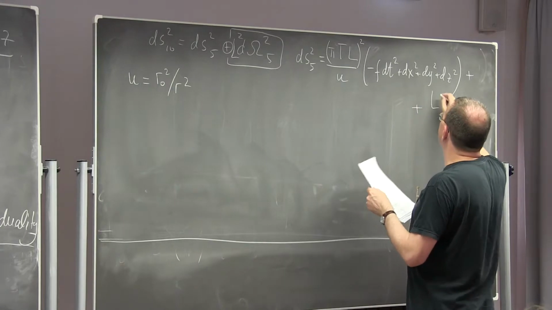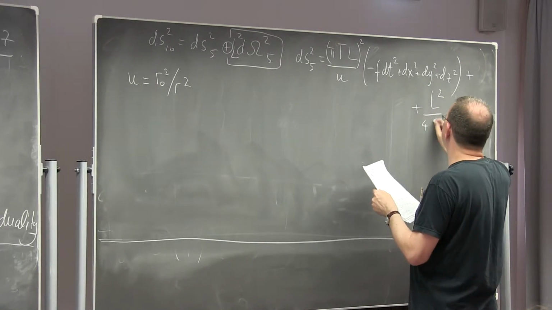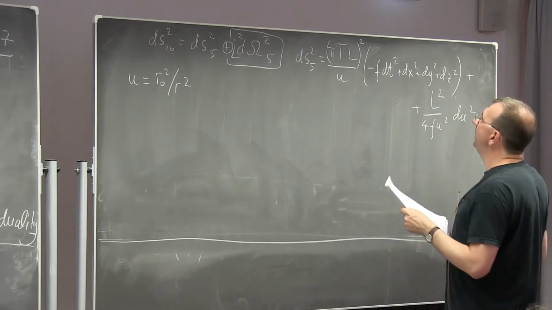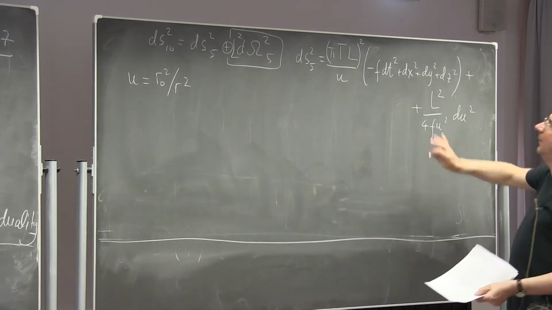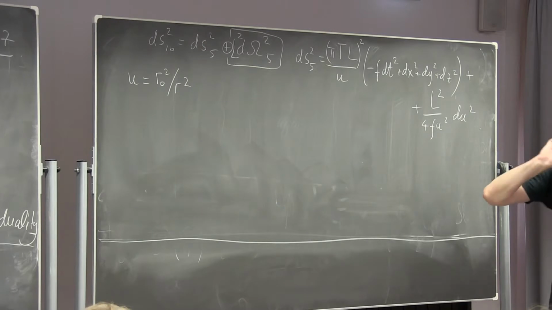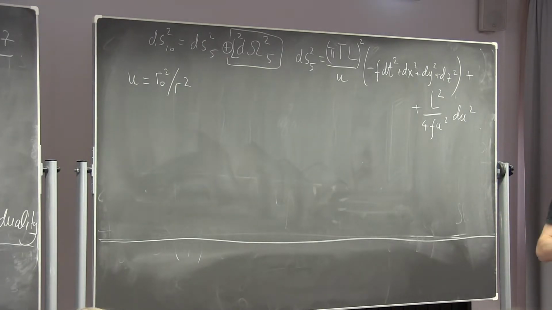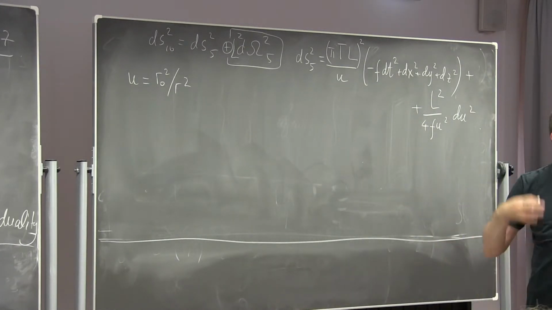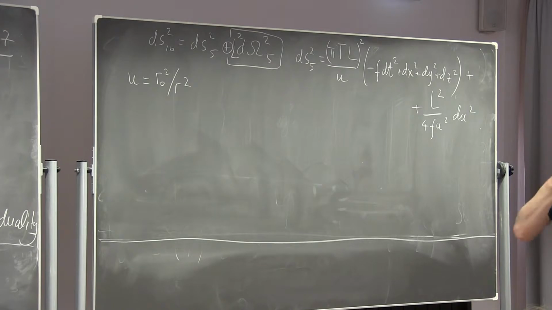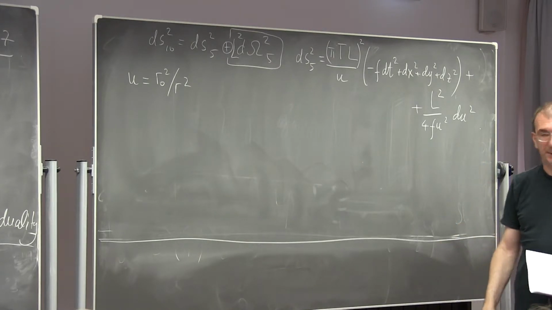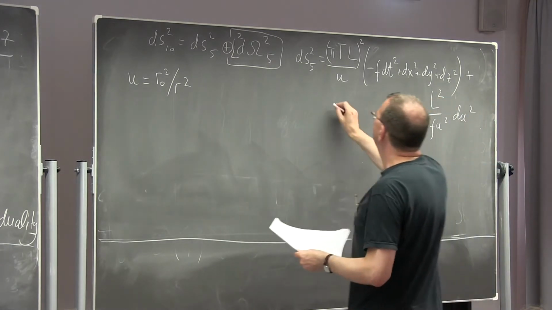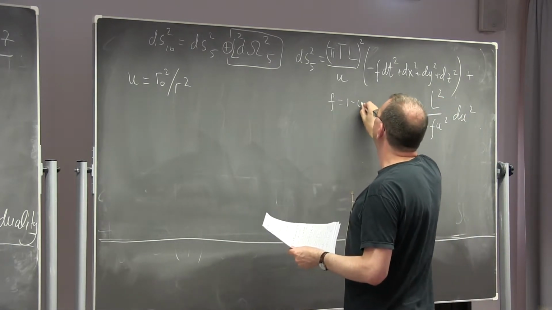And the 5-dimensional part has du squared. So this is asymptotically anti-de Sitter Schwarzschild black hole. At zero temperature it would be just AdS₅, but I'm working at finite temperature, so this is the AdS Schwarzschild black hole in 5 dimensions. Fine. So little f here is 1 minus u squared.